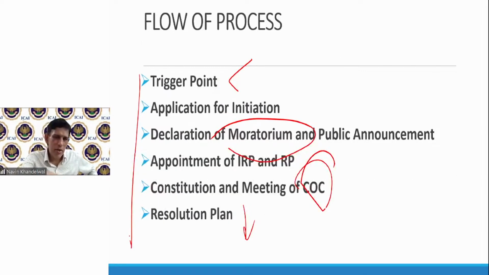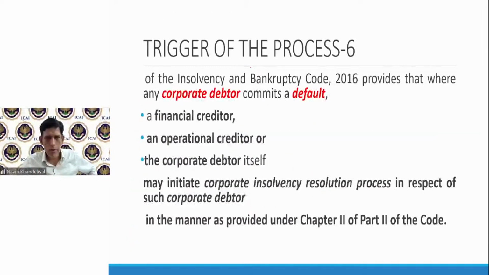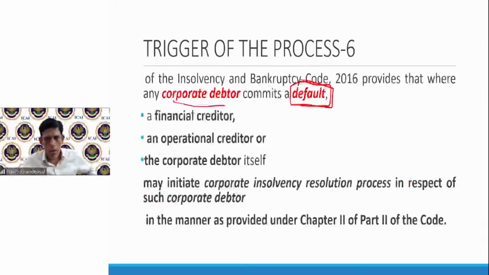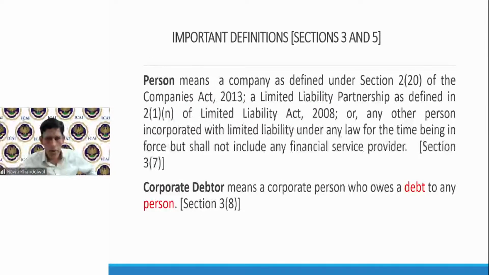So let us understand the trigger point. The trigger point is where any corporate debtor commits a default. The trigger point is default. Let us understand these 2 terms, corporate debtor and default. What does corporate debtor mean? Corporate debtor means a corporate person who owes a debt to any person.